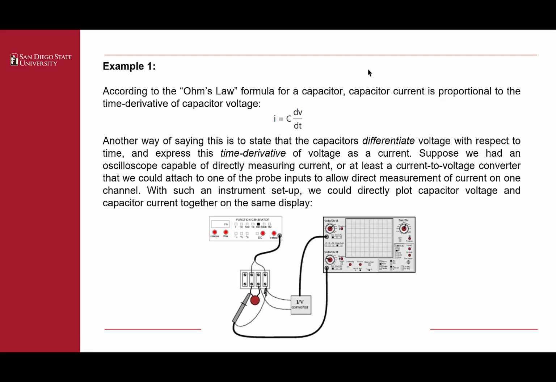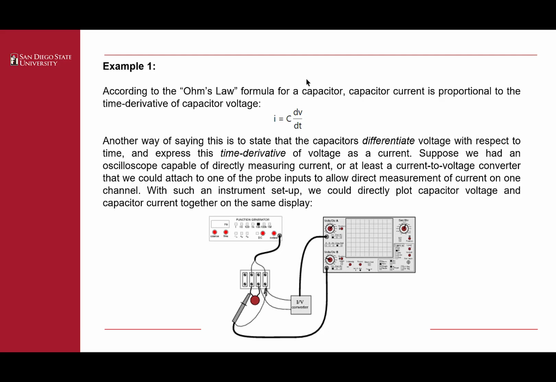The first one. According to Ohm's law formula for a capacitor's current, the current passing through a capacitor is proportional to the time derivative of that capacitor's voltage. So we can represent it in mathematical terms like I equals C times dV/dt, where dV/dt is the derivative of voltage with respect to time.